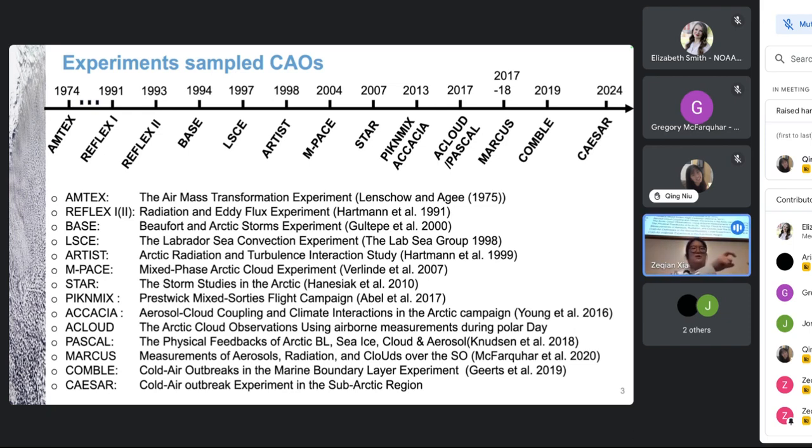We can do Lagrangian observations, and see how the clouds evolve along the airflow. That gives a different point of view for observations.